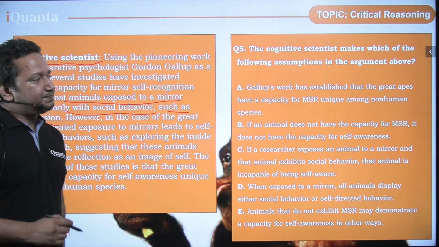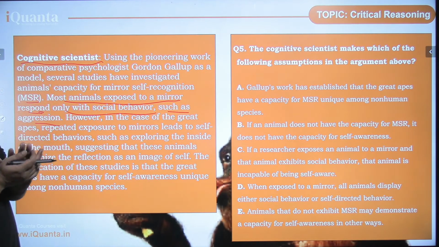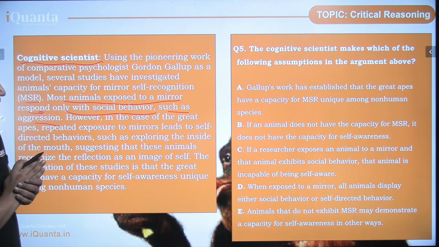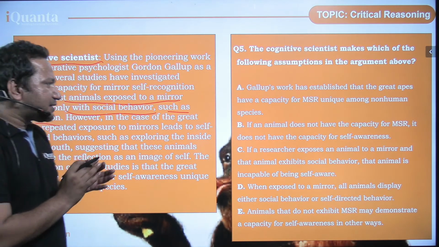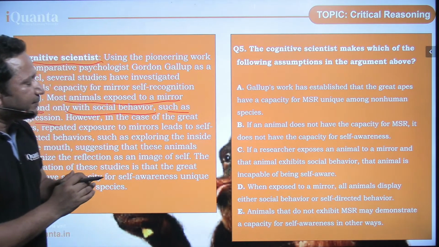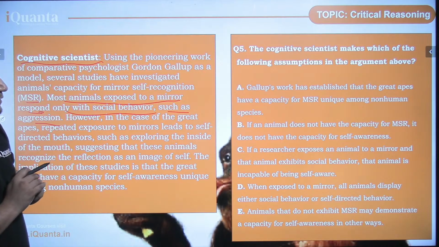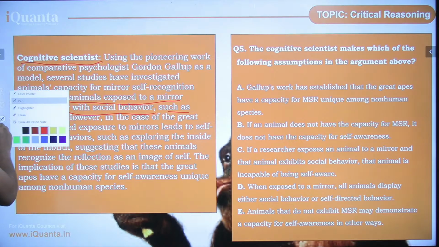This is the question. The cognitive scientist makes which of the following assumptions in the argument above? Option A says, Gallup's work has established that the great apes have a capacity for MSR unique among non-human species. Well, so what do you think?